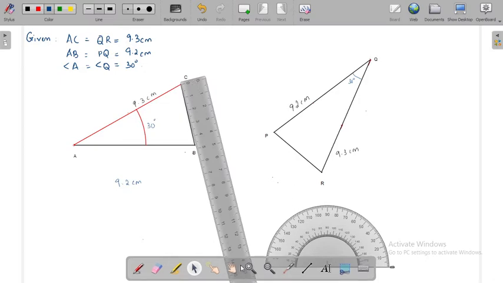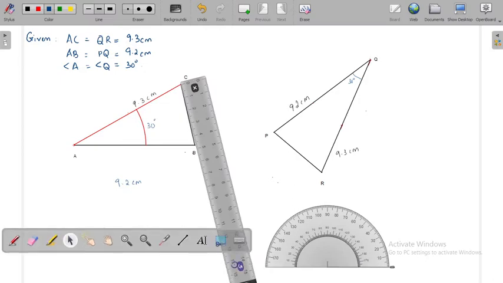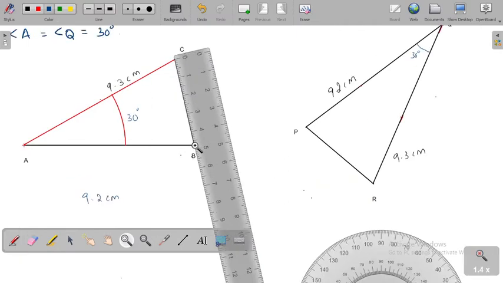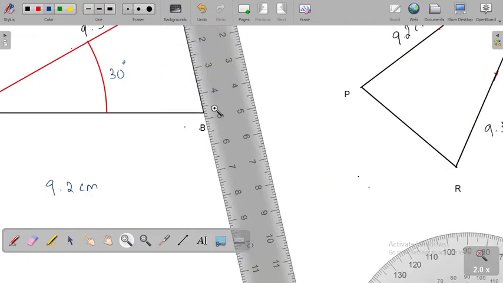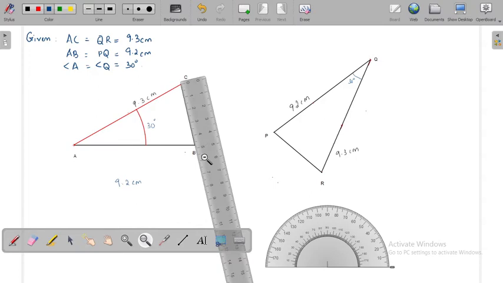5 centimeters, ma'am. Yeah, it may be 5 accurately. It's not 5, right? It is something near 4.8 or 4.7, right? Yeah, 4.7. Let's agree on 4.7.